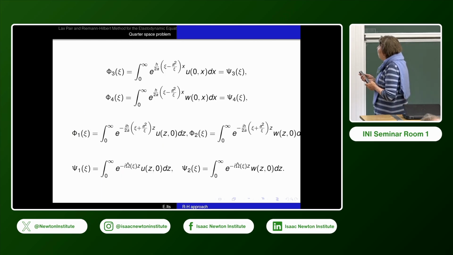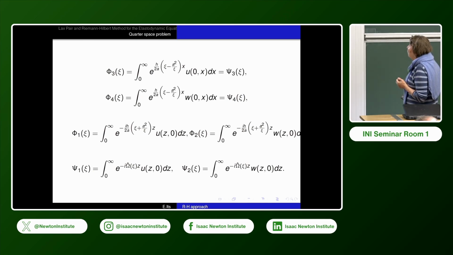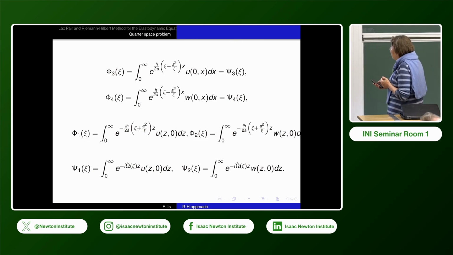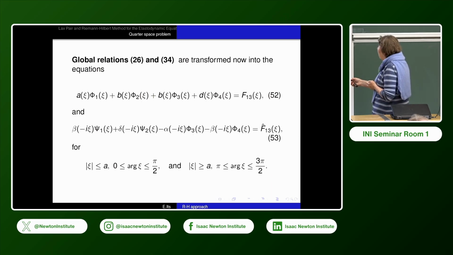And finally, we obtain a new set of unknown functions phi3, phi4, which are now equal to psi3, psi4, and we could still use the global relations on this new set.